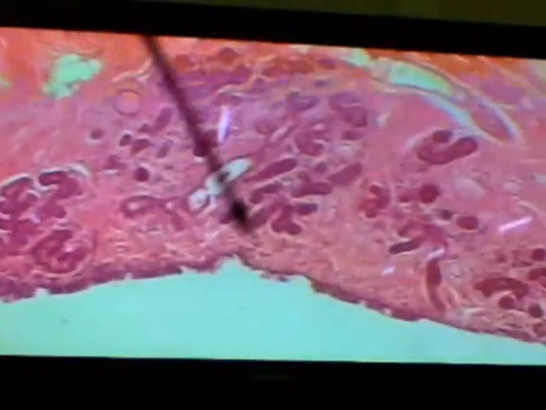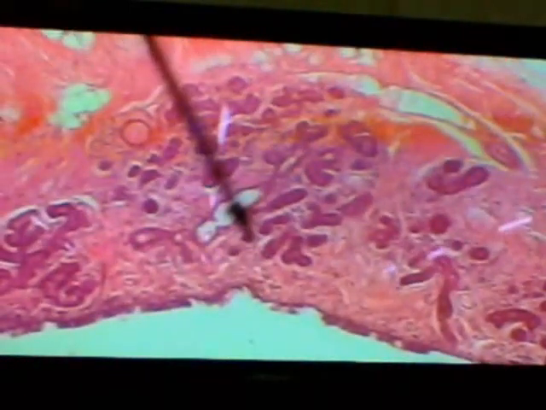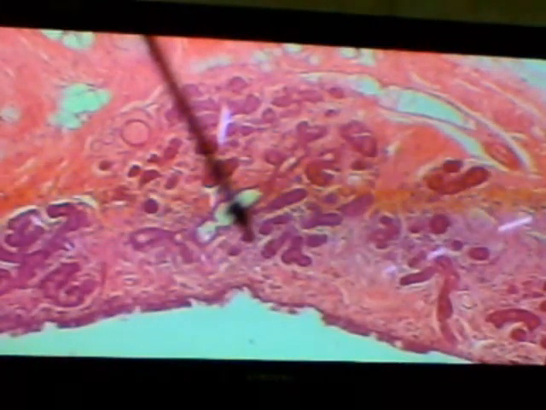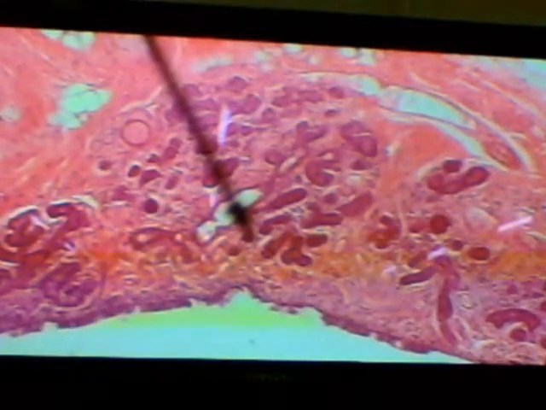So here we have the meibomian glands, and they produce a sebaceous-like material. Internal to these meibomian glands, look at it well. There are some other glands here. And what are these? You notice they look different.